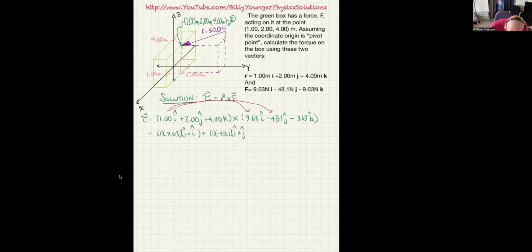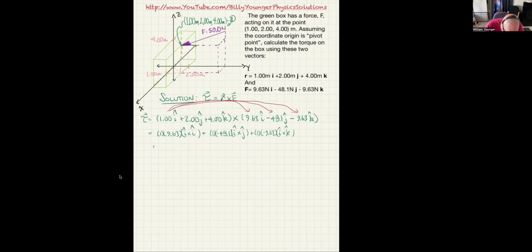Notice I'm not changing the order of the cross product. That would be a real bad problem. It would make an erroneous result, so don't do that. Now I'm going to let the first term hit the third term, and when that happens, we're going to get 1 times negative 9.63, and again it is i hat cross k hat. I never put the k hat on there. So that's just the first term.